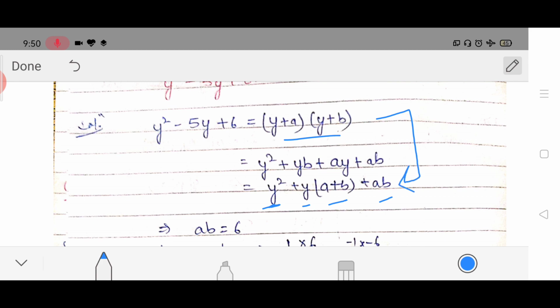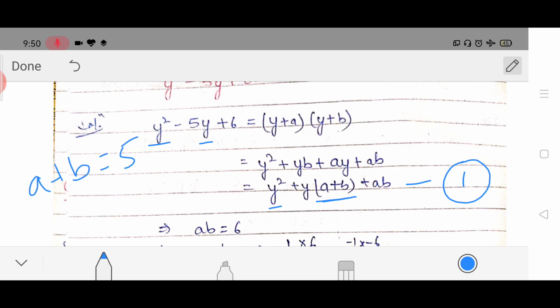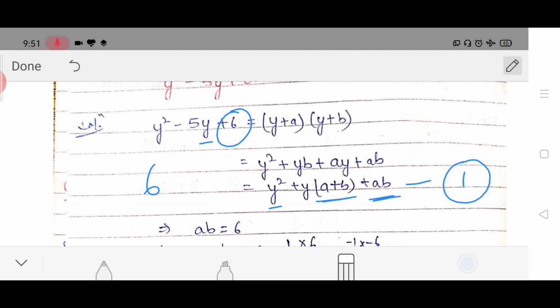If you compare the polynomial with this equation number 1, y square is common to both sides, and on the left hand side the coefficient of y is 5, whereas on the right hand side the coefficient of y is a plus b. So we can write a plus b is equal to 5 and ab is equal to 6.